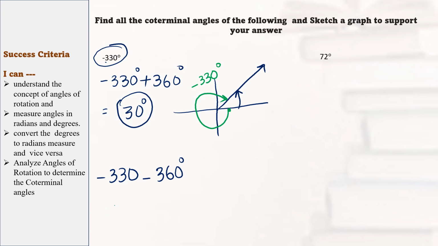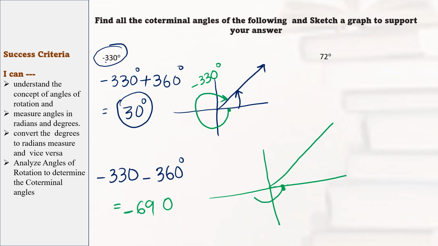Now if I solve the other one, I will get minus 690 degrees. It means here my original position is 30 degrees and minus 690 degrees means I am coming from here.